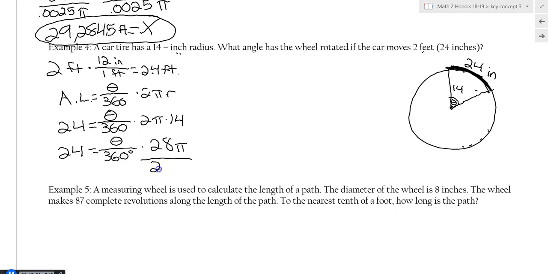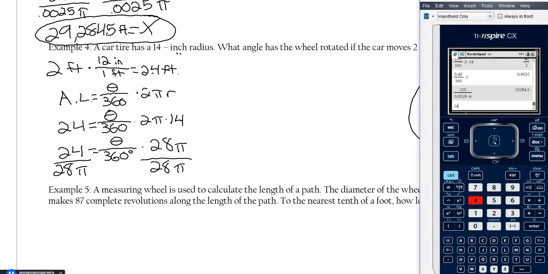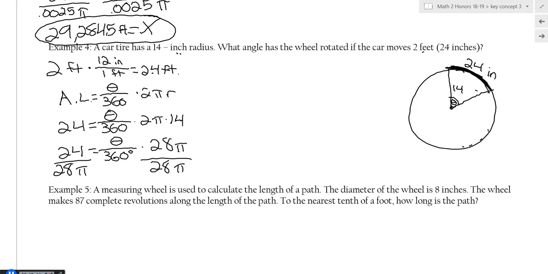The first thing I'm going to do is divide by 28 pi. So again, since I'm dividing by pi, I'm going to do 24 divided by, in parentheses, 28 pi. And we get 0.2728. Equals, right, these cancel out, so I'm left with theta over 360.